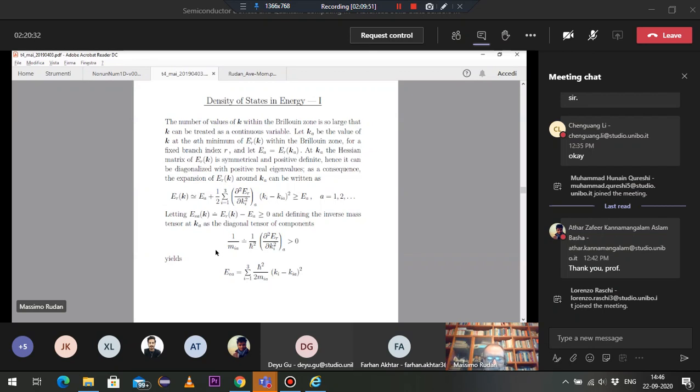Okay. So these parameters are different. For this reason, we call the set of values of 1 over m the inverse effective mass tensor. We must, in general, express it in tensor form.